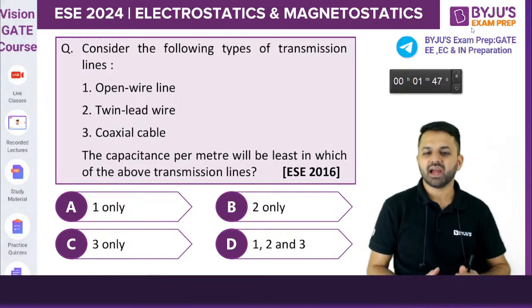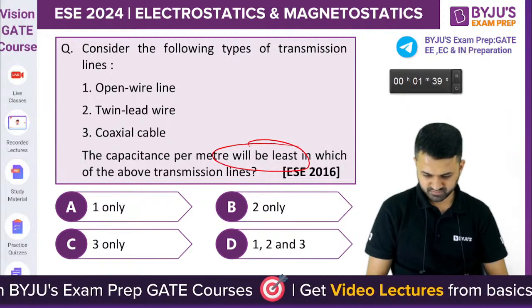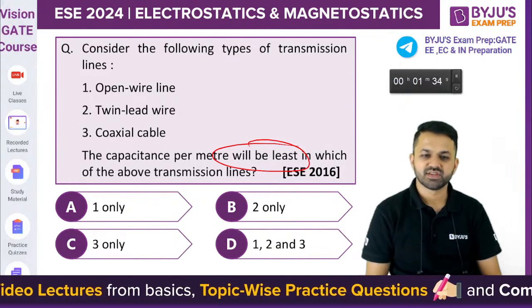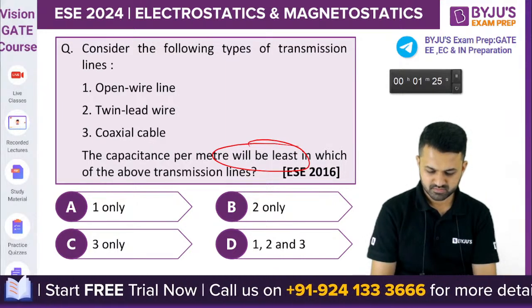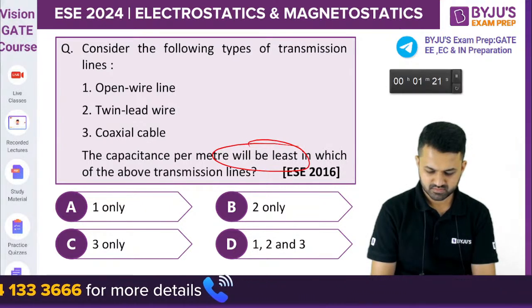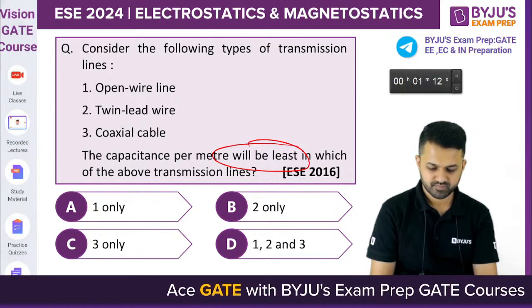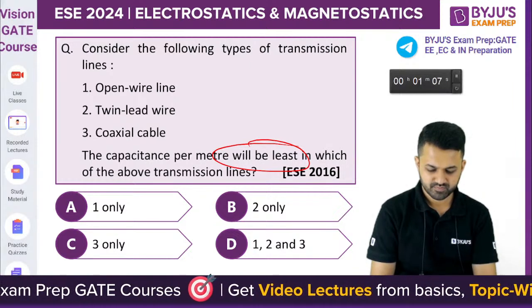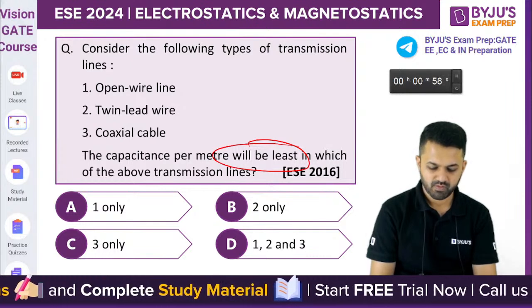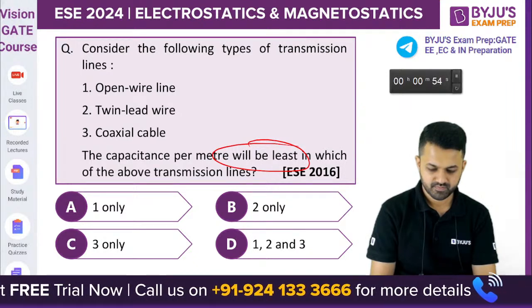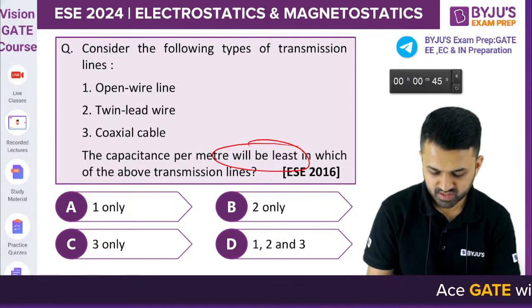The capacitance per meter will be least in which of the above transmission lines?